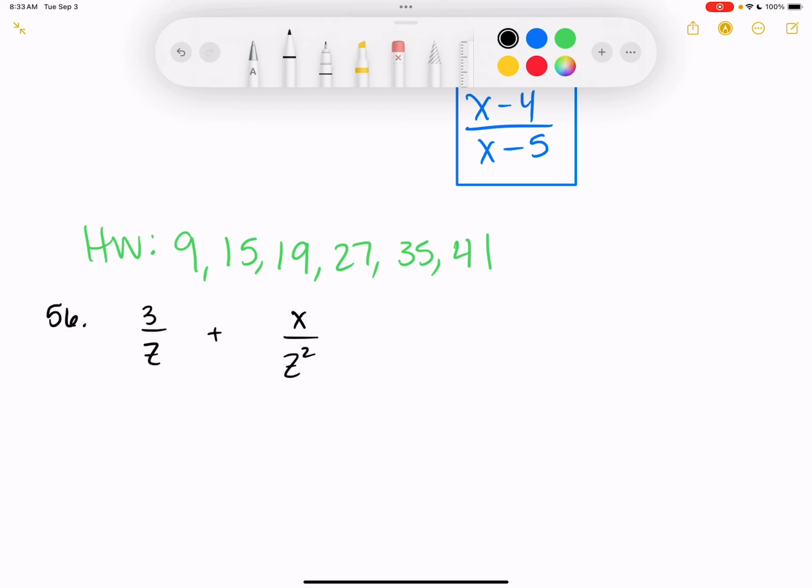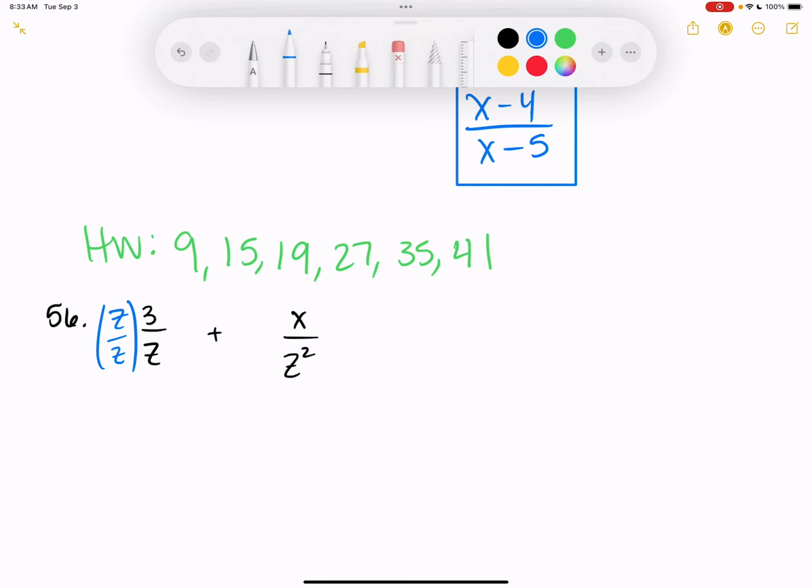So I need a common denominator to do that. I have a z on the bottom of this one, a z squared on the bottom of this one. So I'm going to multiply by z over z, like that, so that I get that common denominator.